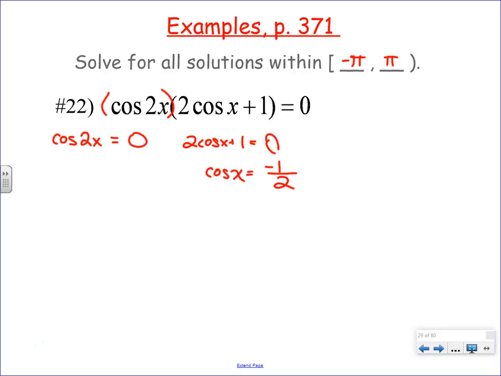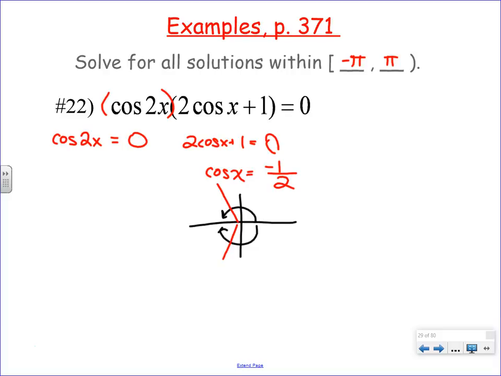But you can't go like this. We can't just get all of them positively. So we know where they are maybe, but we need to figure out how to write them, like which ones are legal. So let's go ahead and think about going up pi and down pi. Where were our answers for cosine being negative? 2π/3, second quadrant, and 4π/3.